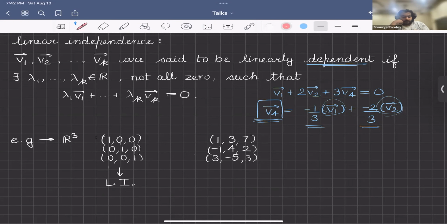Basically, we put lambda 1, lambda 2, lambda 3 and we want to solve. If we can solve and get lambda 1 equal to 0, lambda 2 equal to 0, lambda 3 equal to 0, then they are linearly independent. But if we can find other lambdas, then they're not linearly independent. I know it's some work, so just do the work to show whether it's independent or not.